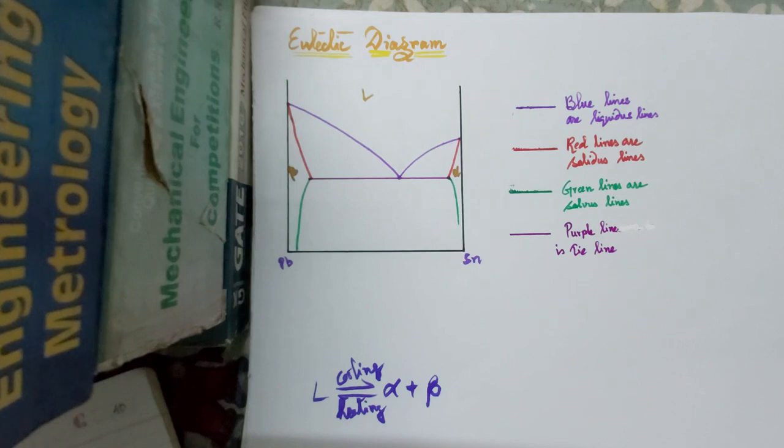So now you have to know about this Solvus line. The Solvus line is a line which separates a solid phase from a two phase region, but this two phase region must consist of two different types of solid phases.